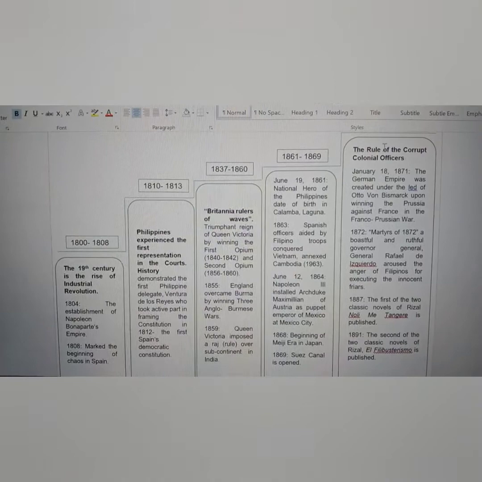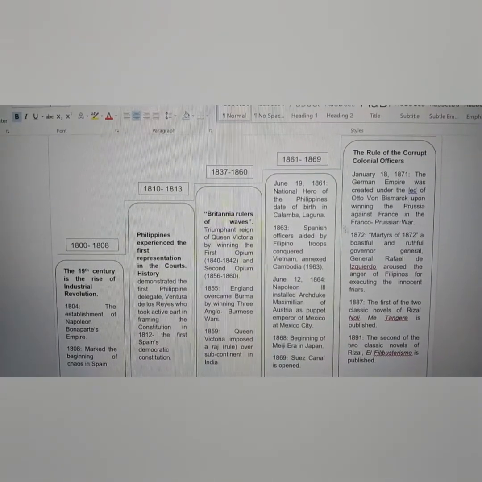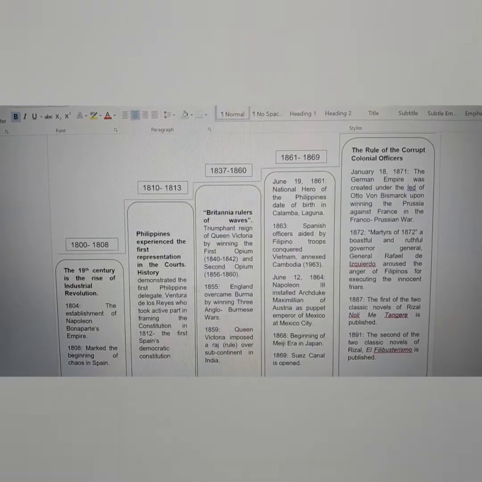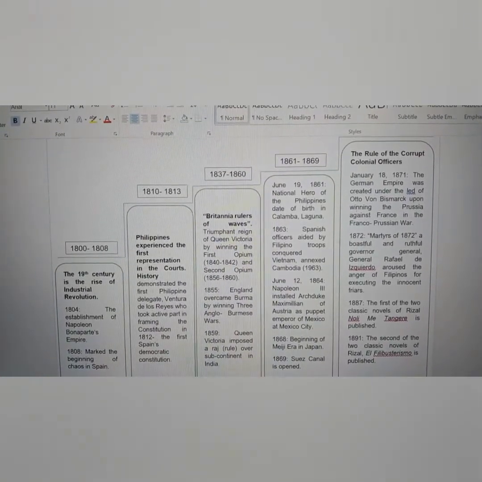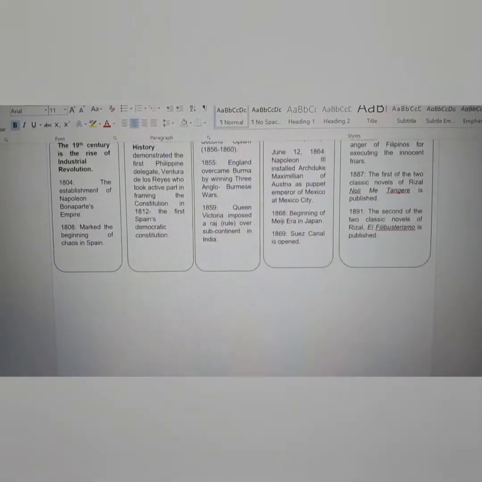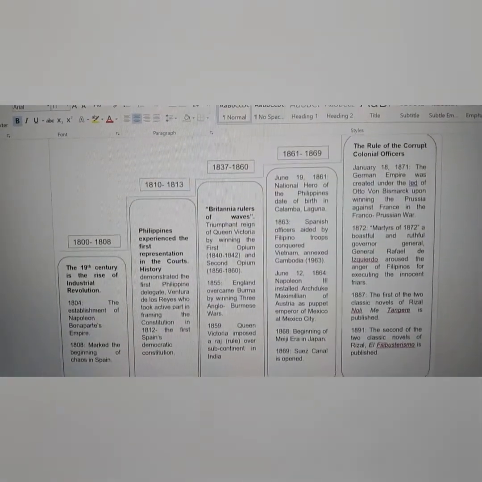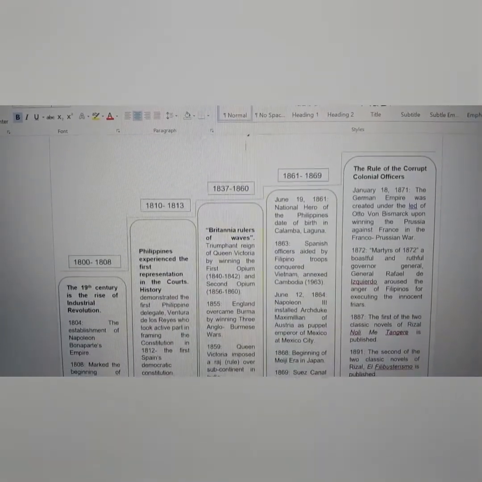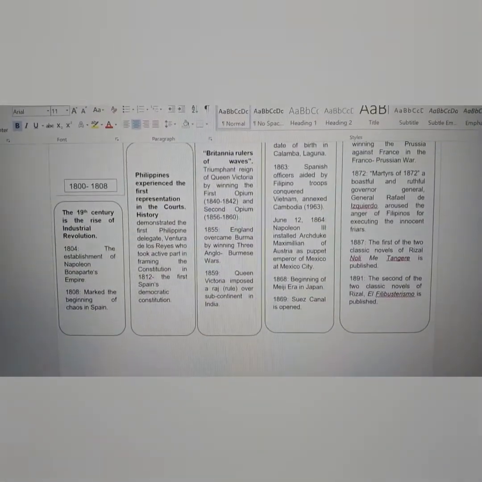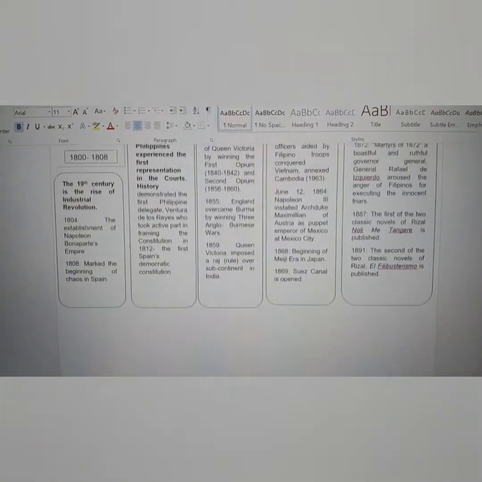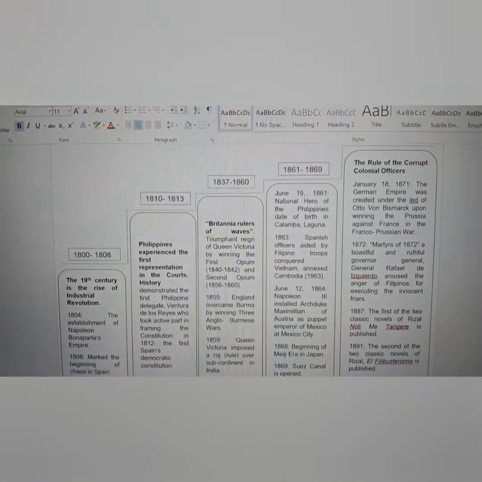The rule of the corrupt. Okay, so she highlighted the Philippines in her timeline. However, the same problem with most of my students, she also did not include her insight about the timeline that she passed.